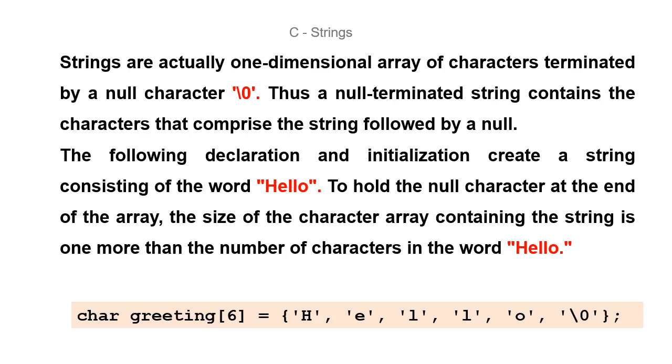The last one is saved for the null character. So this string consists of H, E, L, L, O and the null character \0. After this 0, the string will get terminated. When it encounters the null character, it will automatically terminate.